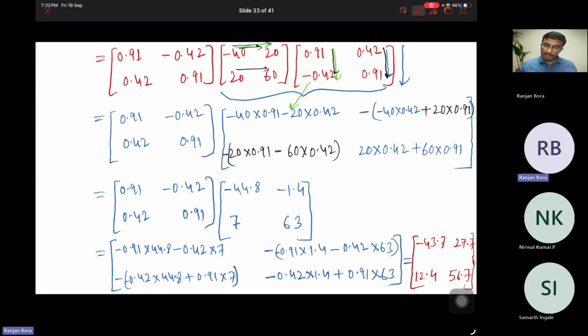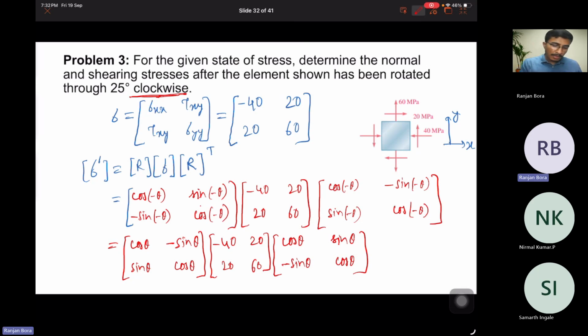Okay, this is the answer. And this is the transformed state of the stress after rotating it by 25 degrees clockwise.